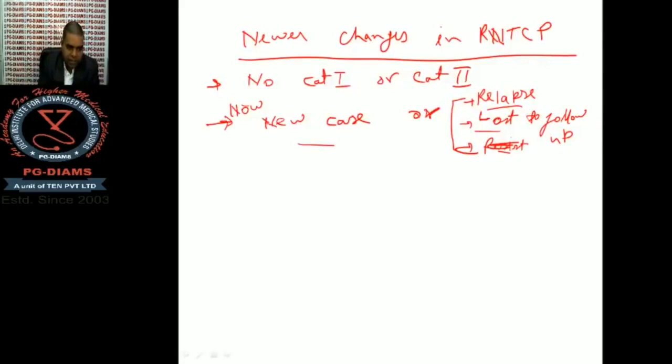What is the second change? This is the first change. The second change is on the duration of treatment. Previously, category 1 used to get 6 months of treatment, 2 months of intensive phase and 4 months of continuation phase. But now it has changed.